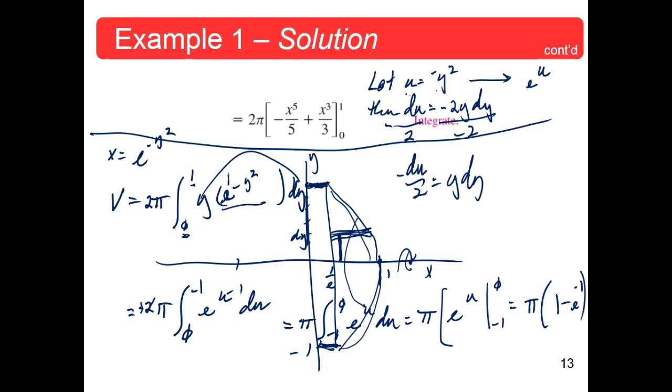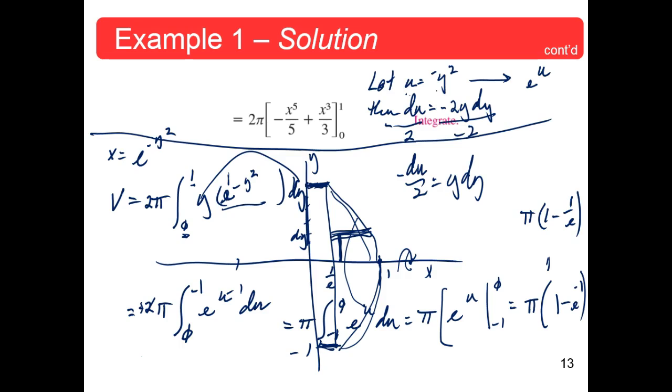They write this as pi times 1 minus 1 over e, which is e to the -1. Or you could write that as pi times e minus 1 over e. Whichever way you want to write it. And if you plug it into the calculator, you'll get about 1.986. Very close to 2. So that's how they did example 2.